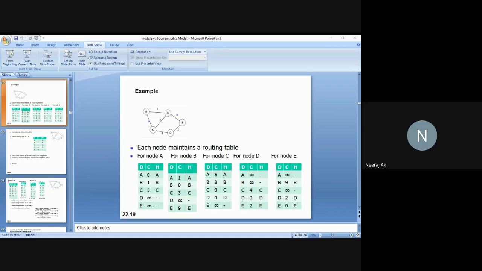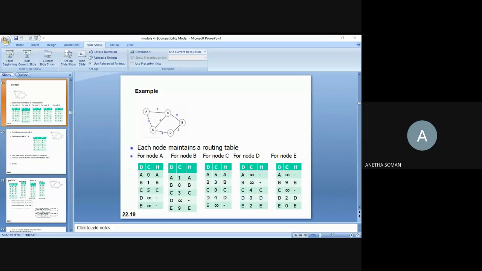B for ball or D for doll? B for boy. Okay. B7C. Okay. Then C4C.